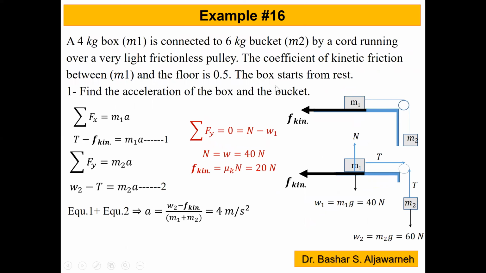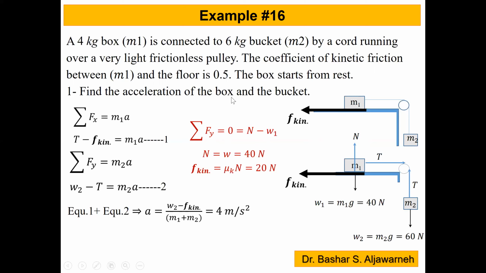Another example: I have a 4-kilogram box, which is M1, connected to a bucket of mass M2 by a cord running over a very light frictionless pulley. The coefficient of kinetic friction is 0.5, and the box starts from rest.